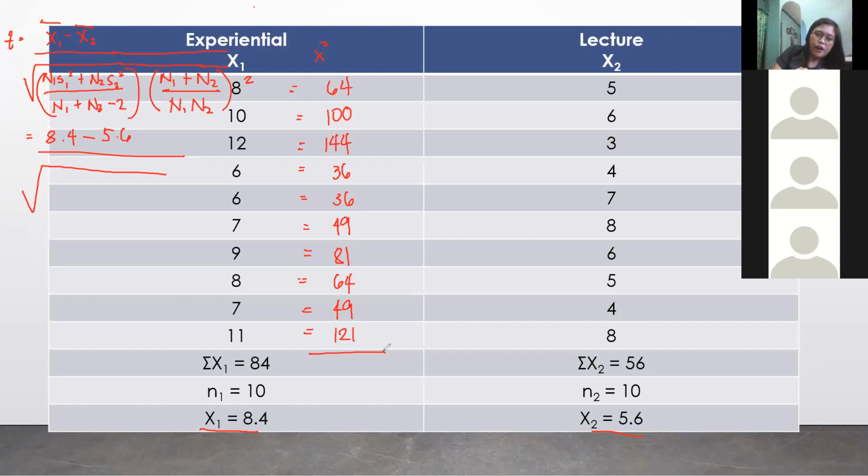So 64 plus 100 plus 144 plus 36 plus 36 plus 49 plus 81 plus 64 plus 49 plus 121. This is 744. Wait lang.